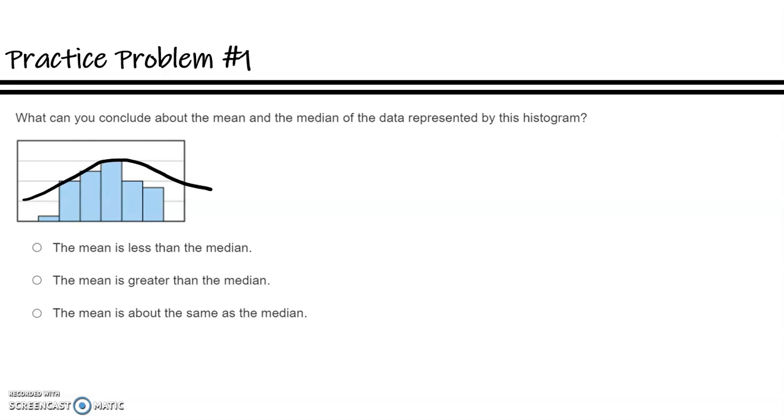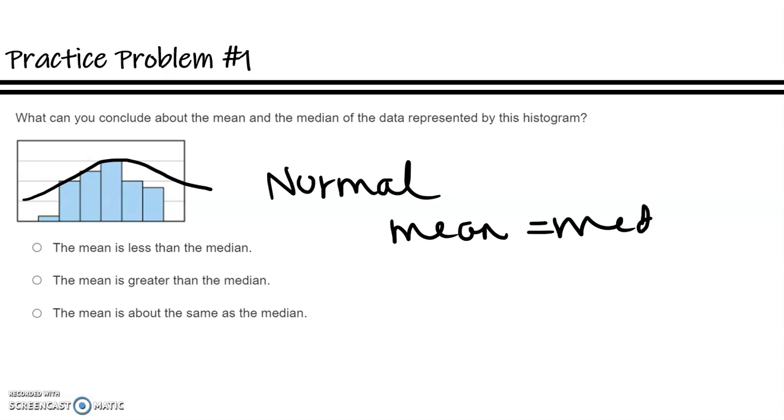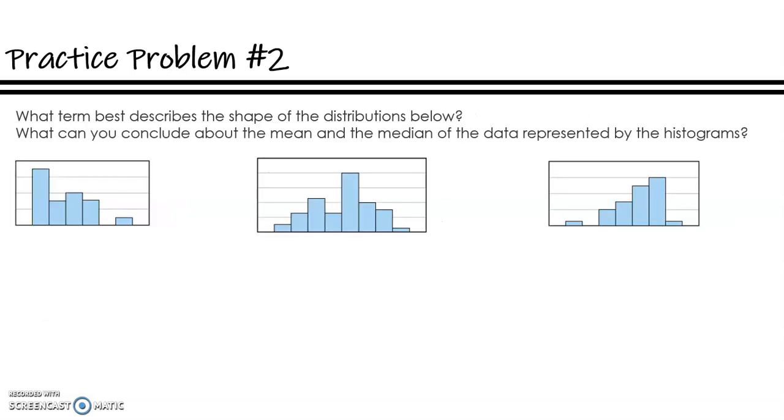The middle is the highest point, and it drops to the left and it drops to the right. Remember that when our data is normal, the mean and the median are very close to one another. Therefore, this is the correct answer down here. The mean is about the same as the median.